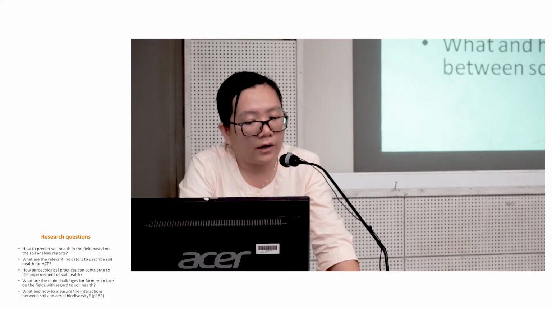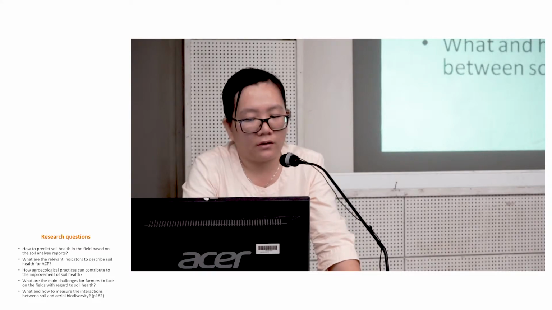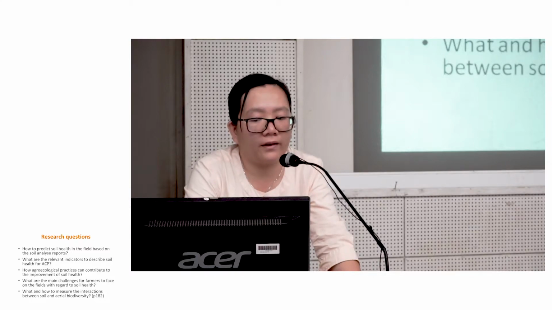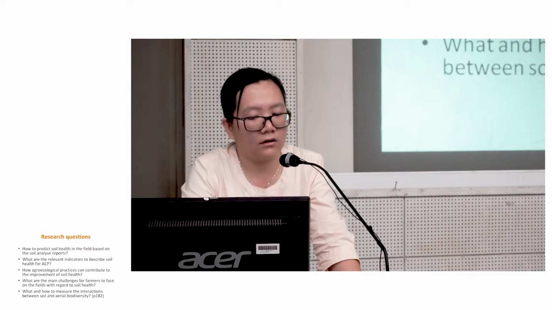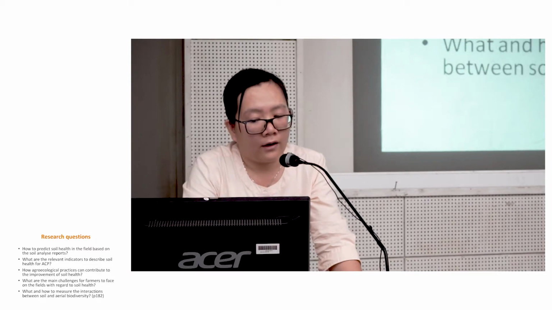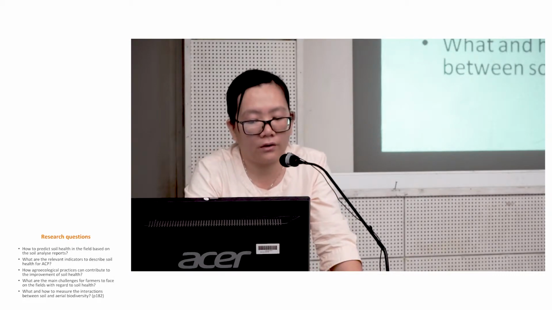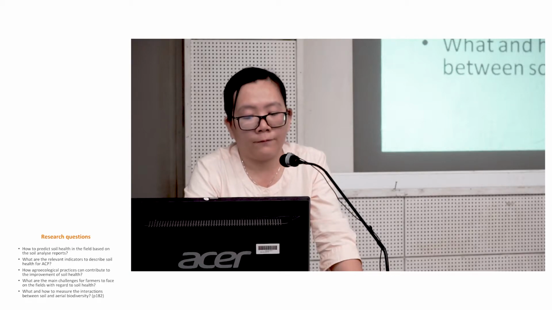The third: how can ecological practices contribute to the improvement of soil health? What are the main challenges farmers face in the field with regard to soil health? What and how to measure the interaction between soils and aerial biodiversity?